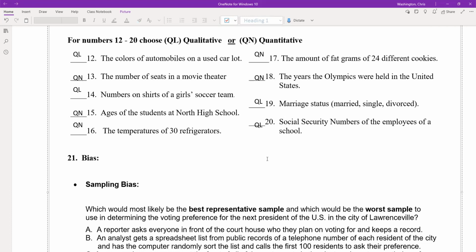There's several different types of data at the bottom, and you can describe those as qualitative or quantitative. If you read the directions, it will ask you to color. So if you want, you can put a color in the box. You don't have to. You can just use the abbreviations that we just used.